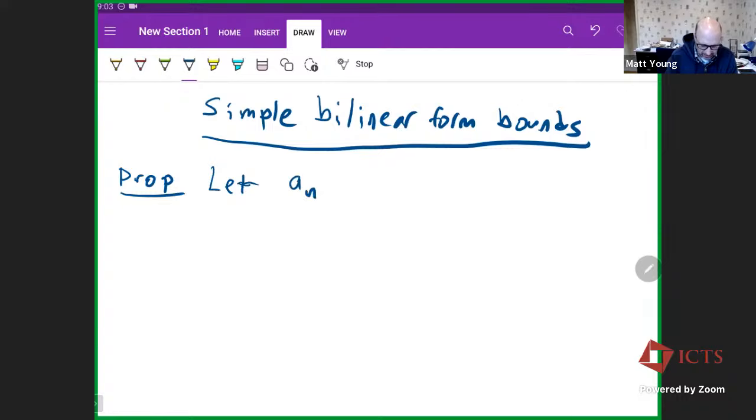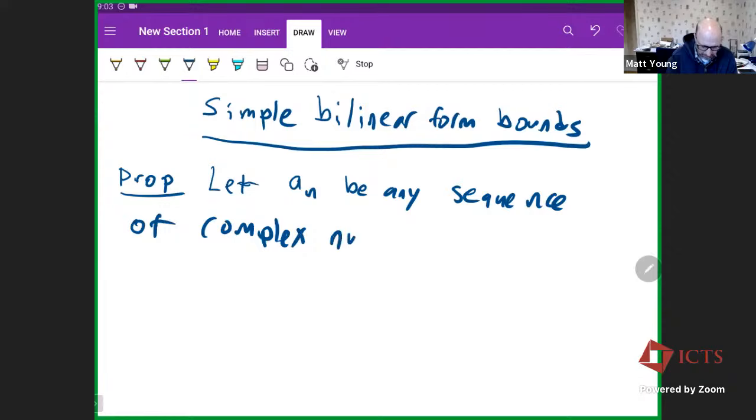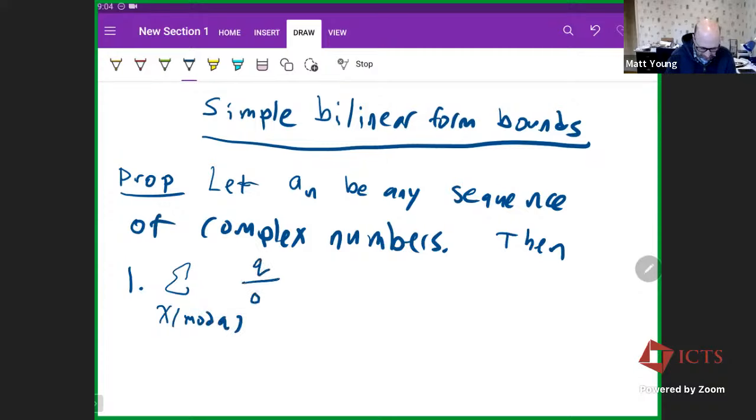So let a_n be any sequence of complex numbers. Completely arbitrary. That's part of the strength of this, that we can work with completely arbitrary sequences. So there's two versions I want to state. The first version is the following. It's a sum over Dirichlet characters chi mod q, all Dirichlet characters, not just the primitive ones, of q over the Euler phi function of q, that's phi of q.